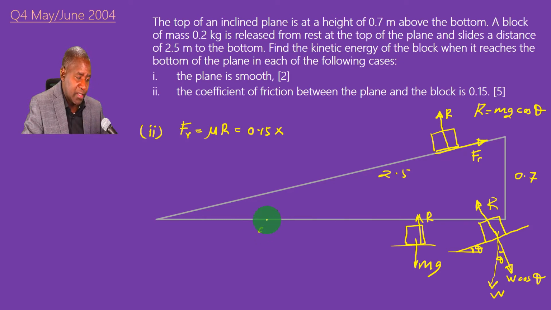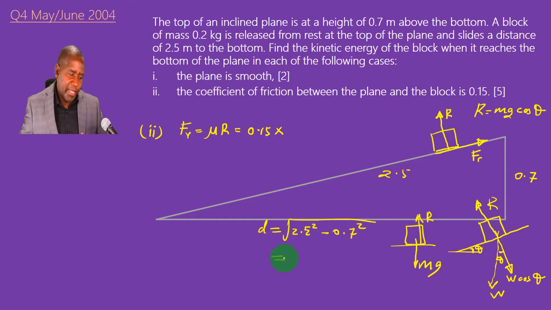This distance here should be equal to the square root of the hypotenuse, 2.5 squared, minus 0.7 squared. Let me see whether I can get an exact value. So 2.5 squared minus 0.7 squared. I hope you do understand why I'm doing that. Then I find the square root of the answer and I get 2.4.